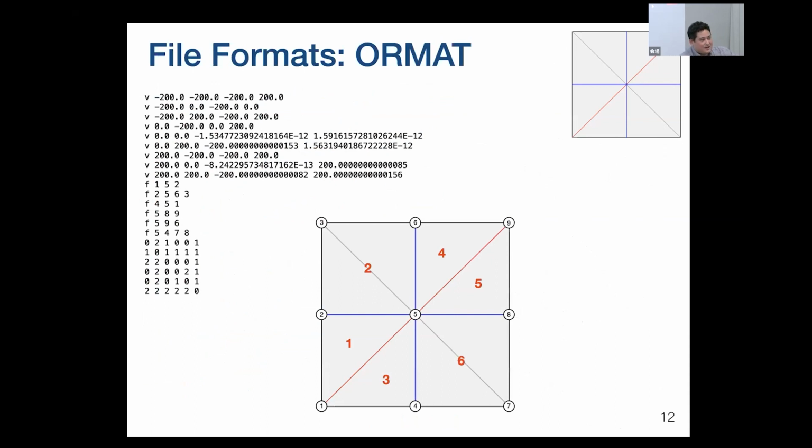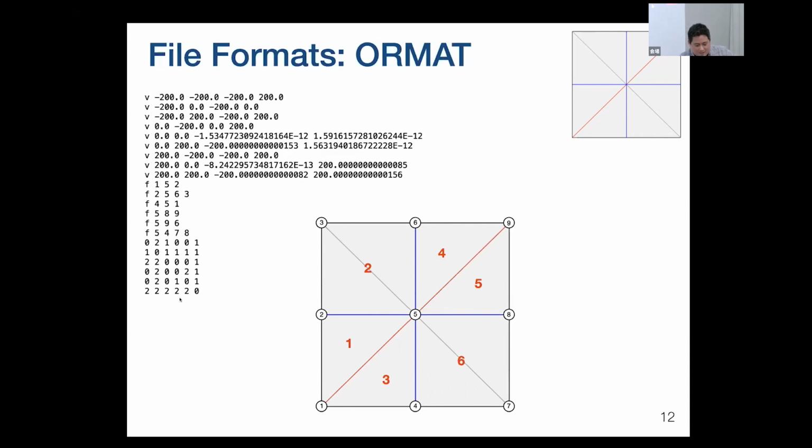So, okay, first thing to talk about is how we represent these folded states. Orihime will render folded states that it creates internal representations of, but it doesn't export any states for use in other programs. ORIPA does provide a way of exporting that information in a novel format called OrMat, which essentially provides the vertex locations in the unfolded and folded states, a description of the different faces listed by their vertex indices, one index, in fact.